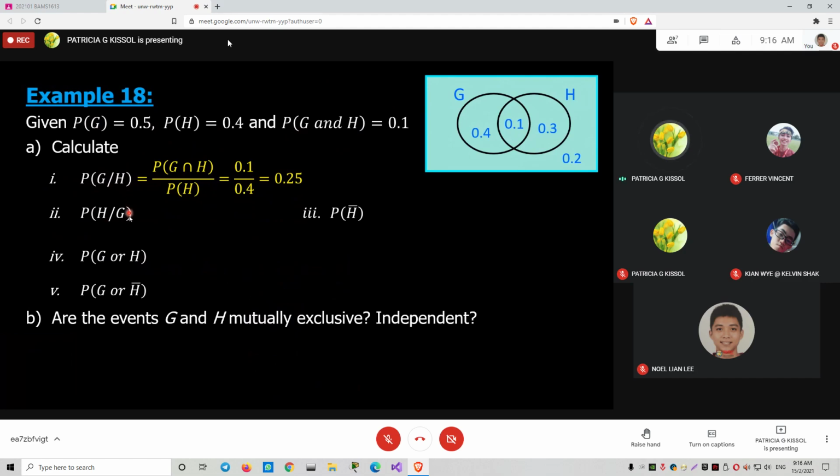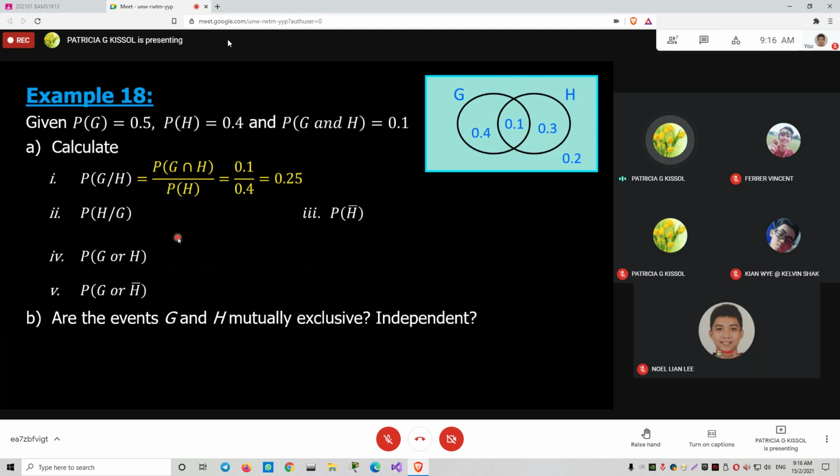You can see it's just the opposite of each other, but of course, when we write the conditional probability, what do you think it will be? Anybody? Hello? 0.1 at the top. Oh, you mean you already calculated the answer, is it, Noel? No, not yet.